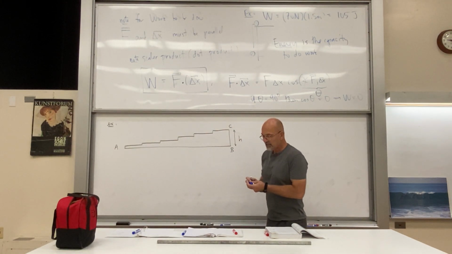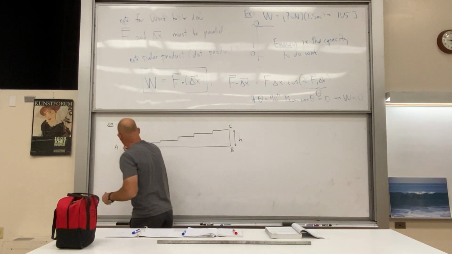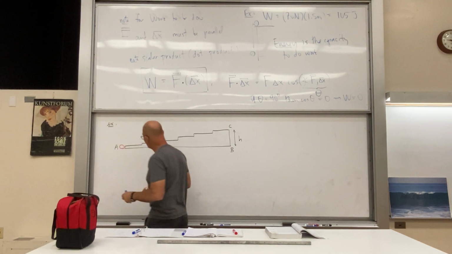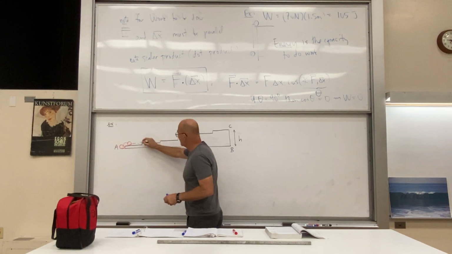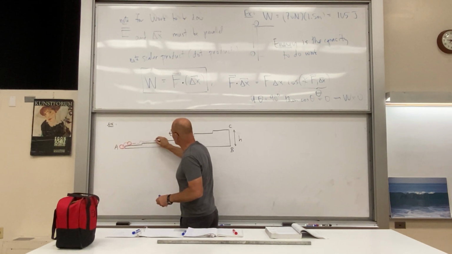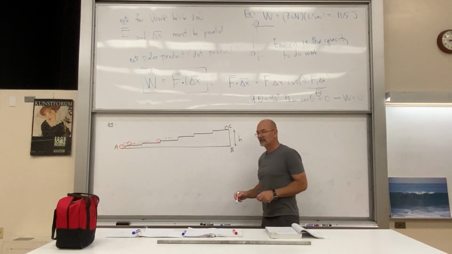So I can do a couple of different things with the ball. Here we'll draw it red. If I start right here, I can lift it up and then roll it forward, lift it up and then roll it forward, and eventually I end up here.